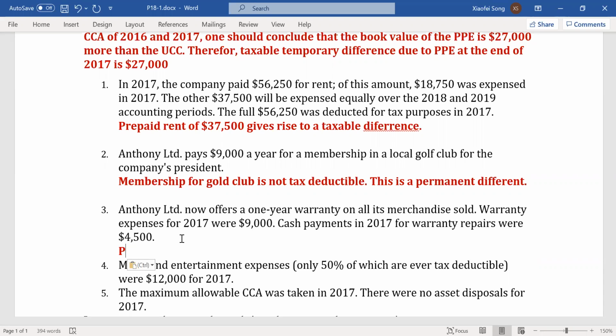So this will be a deductible difference of 4,500. A taxable difference gives rise to a deferred tax liability, and this will give rise to a deferred tax asset. The opposite.